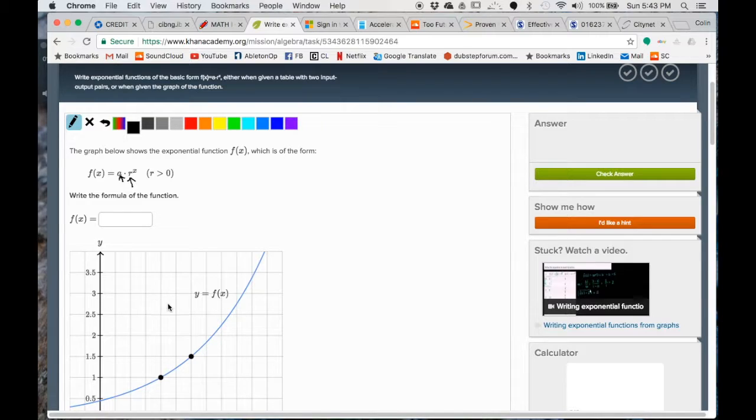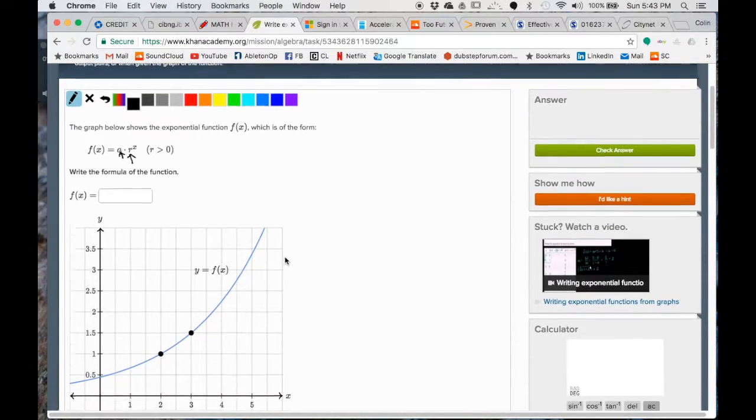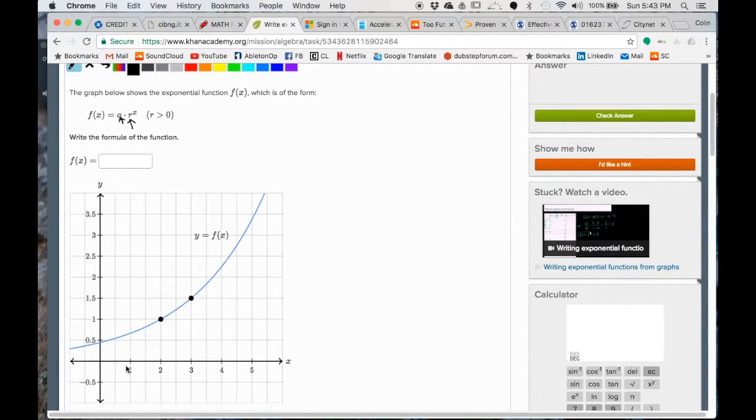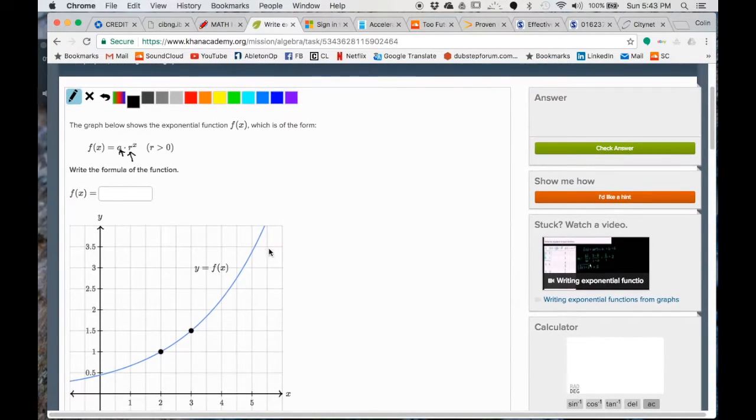So, like normal, any function is going to have the independent variable down here on the x-axis and the dependent variable up here in the y territory. We're going to find out how that function behaves as we move through x values.